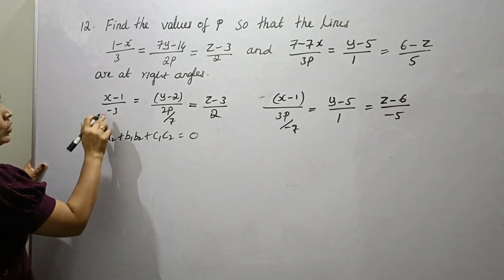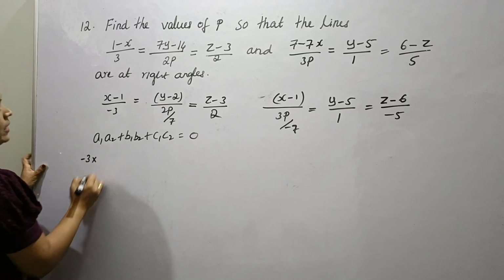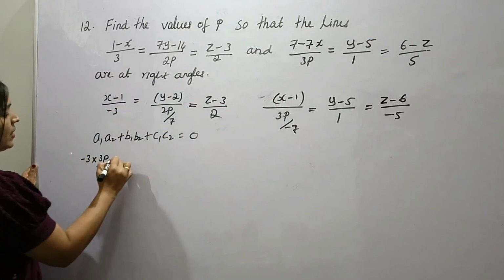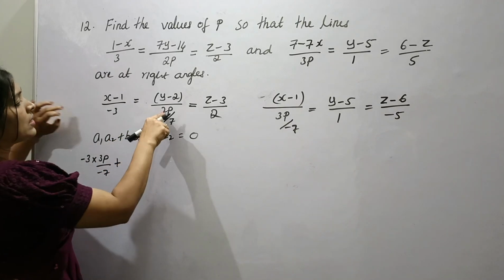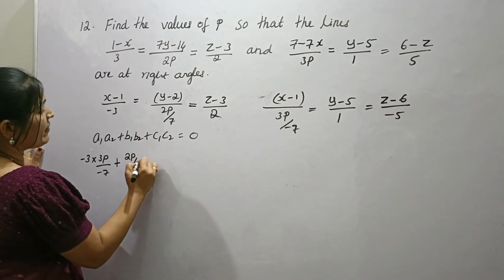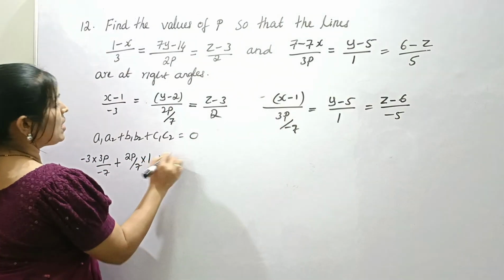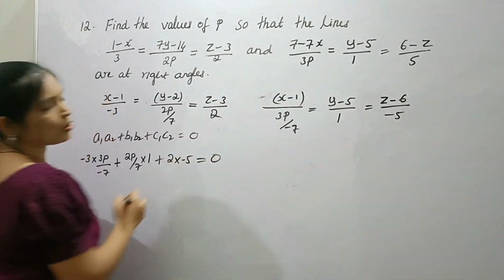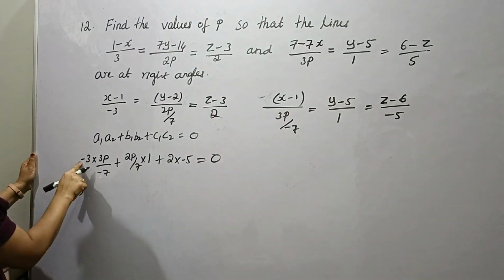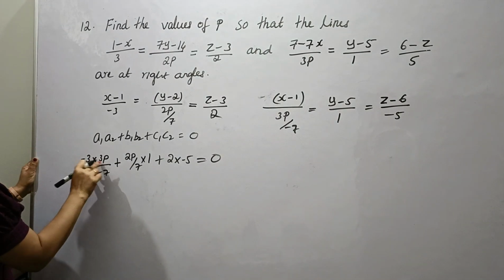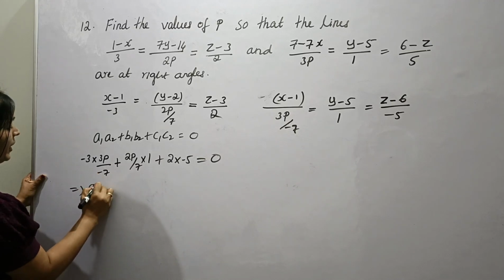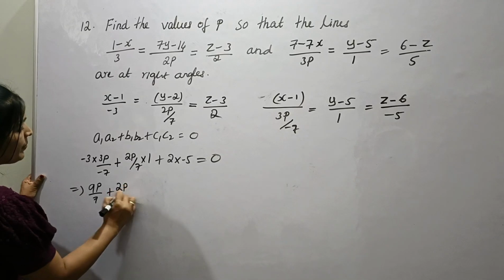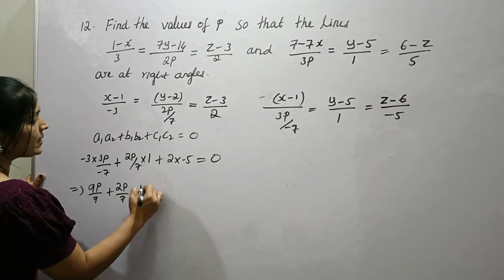Now here we have to take this equation. So here A1 is equal to minus 3, so minus 3 into A2, 3P divided by minus 7, plus B1, 2P divided by 7, into B2, 1, plus C1, 2, into C2, minus 5, that is equal to 0. That implies minus cancelled, then 3 into 3, 9P divided by 7 plus 2P divided by 7 minus 10 is equal to 0.